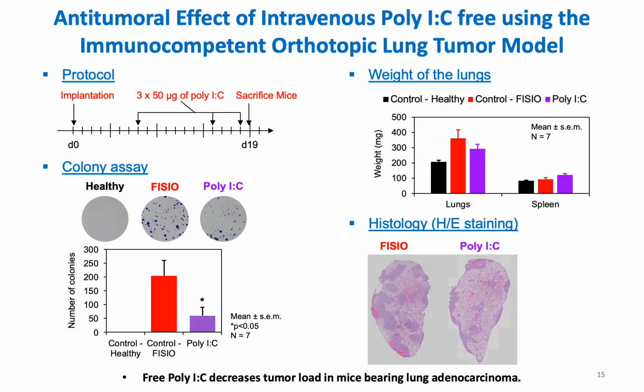Here is one example of mice with tumors in the lung treated with poly-IC. We can see for the control a high tumor load, which is prevented by the poly-IC. By the colony assay, we can see some examples of hematoxylin and eosin staining, also showing the same result, and also a good correlation with the weight of the lungs.